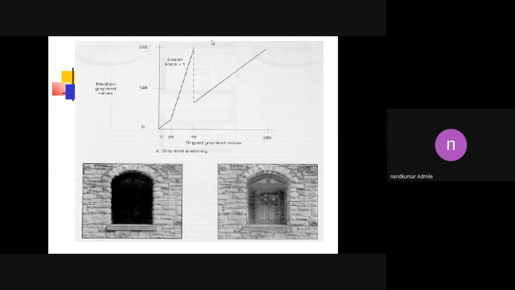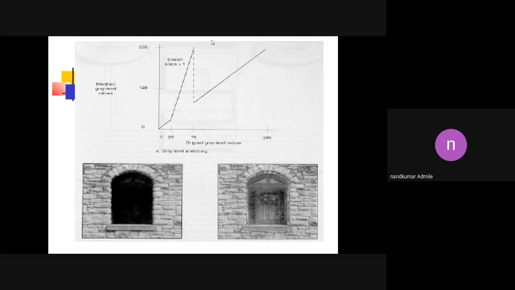If we take an example of intensity level slicing, we can take one window. Inside the window there is a total black color, and we have to improve only that particular area. In this case we do not consider the other parts of the image. We only deal with a particular region. Here we can improve the brightness of that particular region by using intensity level slicing.